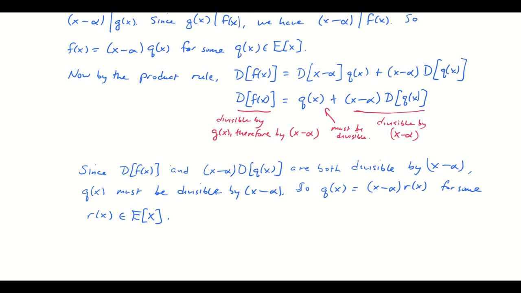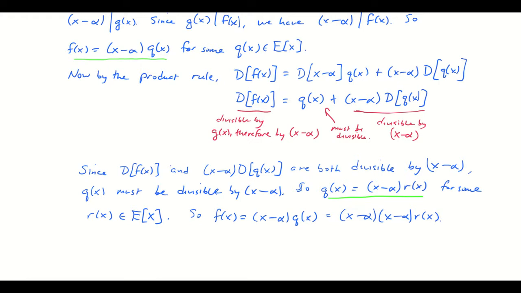We know that f of x is equal to x minus alpha times q of x, and q of x is equal to x minus alpha times r of x. So f of x is equal to x minus alpha times q of x, and then substituting this, we get x minus alpha times another x minus alpha, r of x.